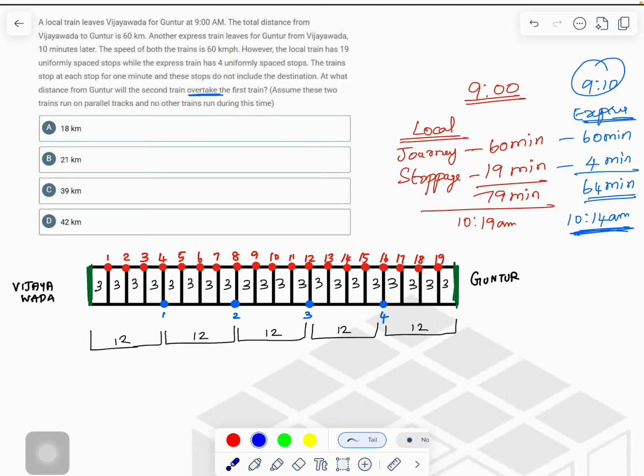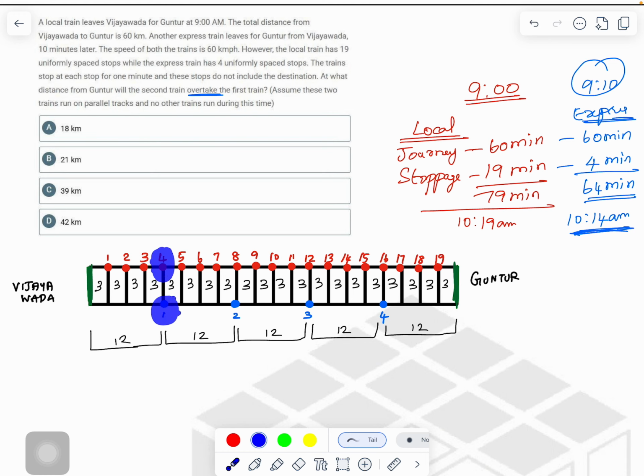But lucky for the express train, the local train is making 3 stops here, which the express train doesn't have to make. So instead of 10 minutes late, it would be 7 minutes late by the time it reaches somewhere around this point. Here the express train is also stopping, the local train is also stopping, so the time lost will be for both the trains.